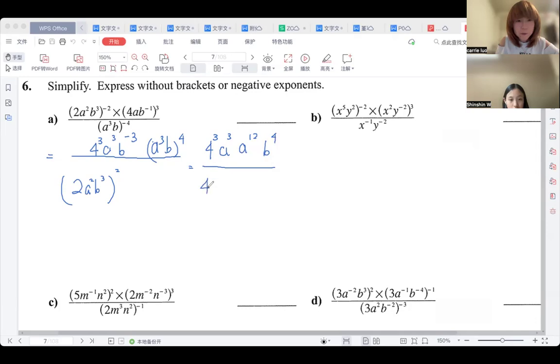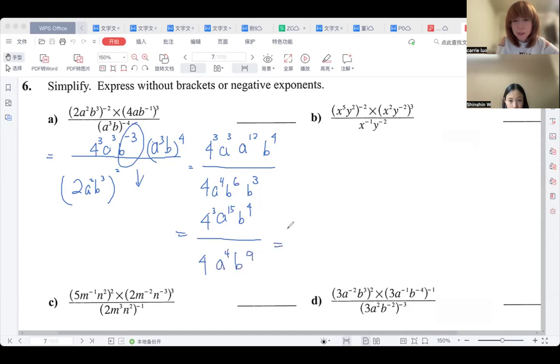And the bottom is 4, a4, b6, and b3. I move this guy to the bottom. So now we have 4 power 3 and a15, b4, and the bottom is 4 and a4 and b9.